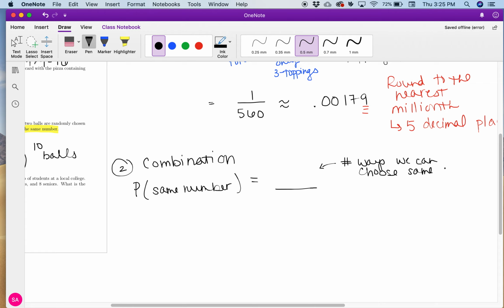That's what we're trying to find the probability of, right? What's the probability that we pick out 2 balls and they have the same number on them? So that's what we want to figure out for the top number. What's the actual number of ways we can do that? And then on the bottom, it's the total number of ways to pick out 2 balls. Doesn't matter what those numbers are.